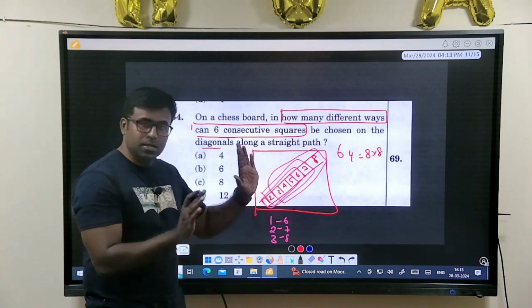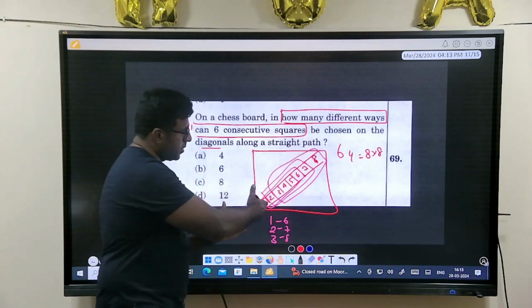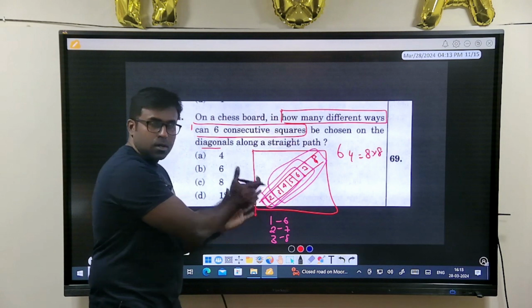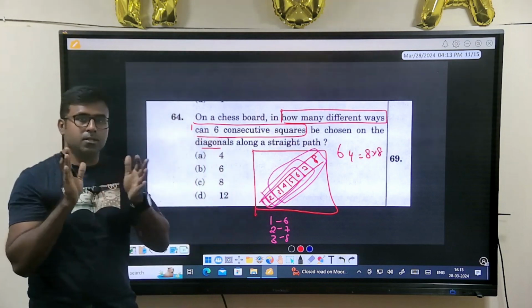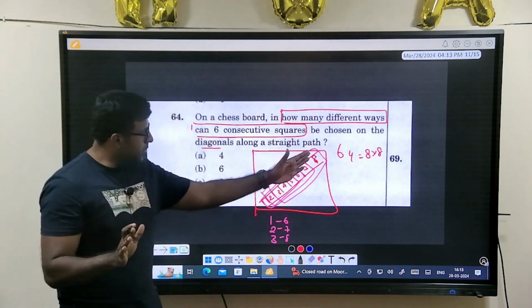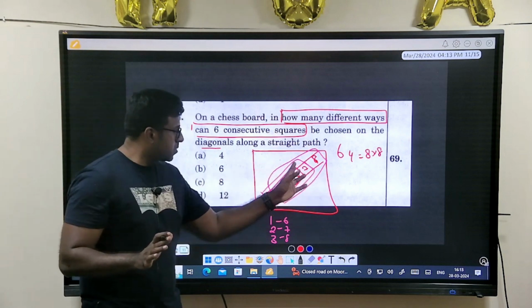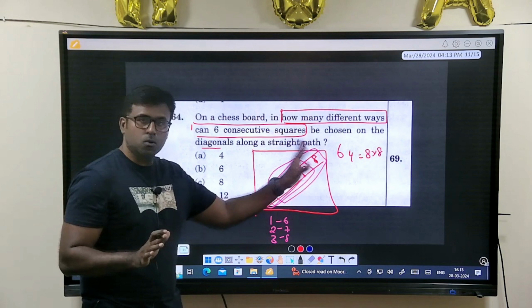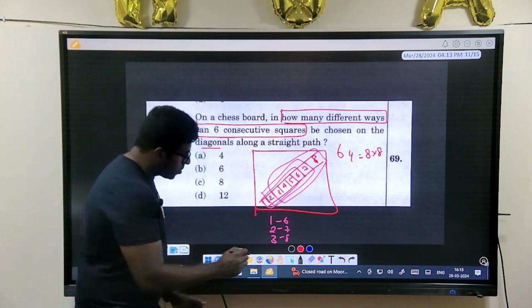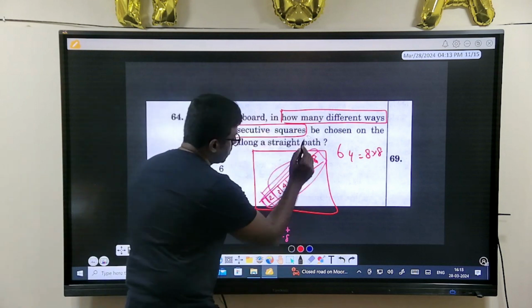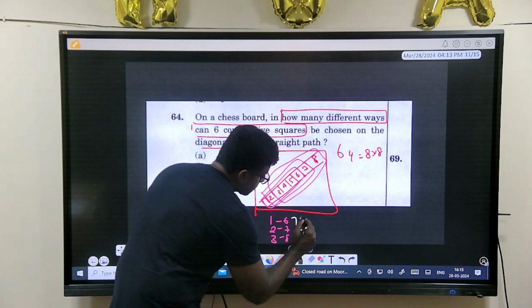If you have to choose 6 consecutive squares, you can trace it this way also. That's the point I'm saying. 1 to 6 is 1, 2 to 7 is 1, 3 to 8 is 1. So this is actually coming to 3.